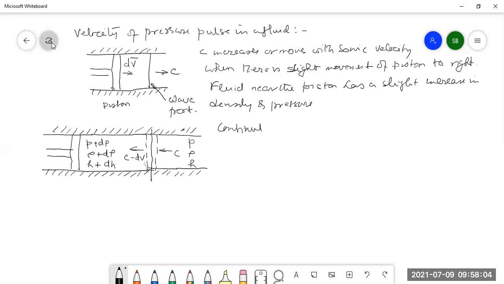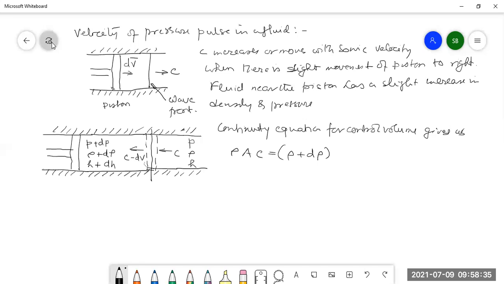the continuity equation for the control volume: rho A C, where C is the sonic velocity, is equal to rho plus d rho, times A, times C minus dV.